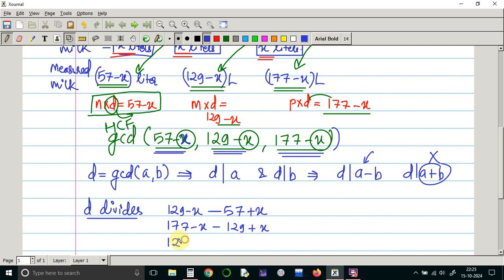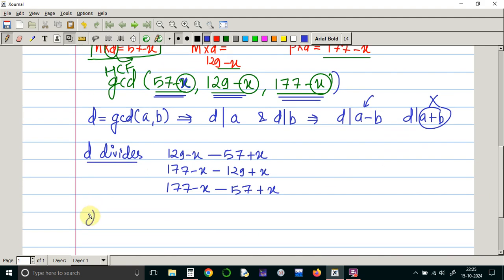And what else is remaining? 177 minus x minus (57 minus x).